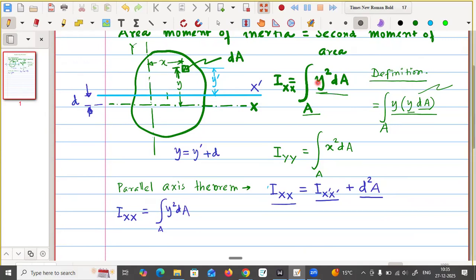Then, therefore, you can write, just expand this y, because you know this y is equal to y prime plus d. So you can expand. So y prime plus d squared multiplied by dA.